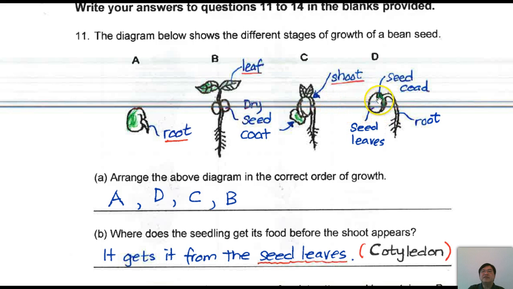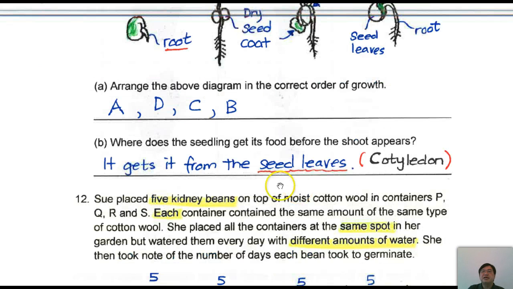By the way, if this is the skin, the seed coat, and this part is the internal part, then this is the seed leaves. It could be reversed the other way around. Arrange the above diagram according to the order of growth: A, D, C, B. Next, it gets its food from the seed leaves, or the name is cotyledon.